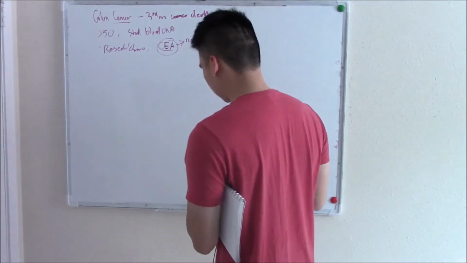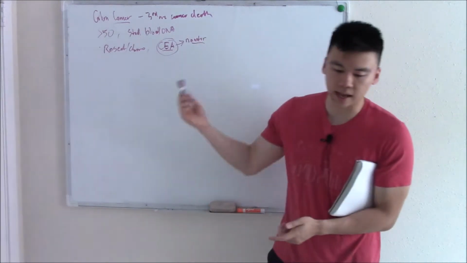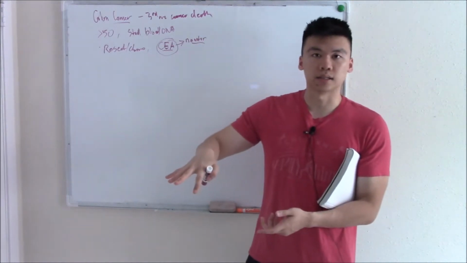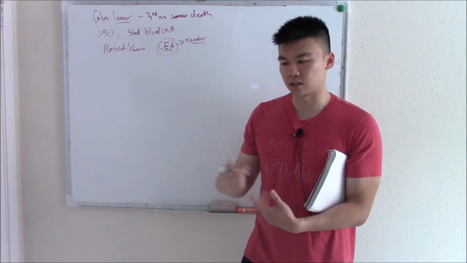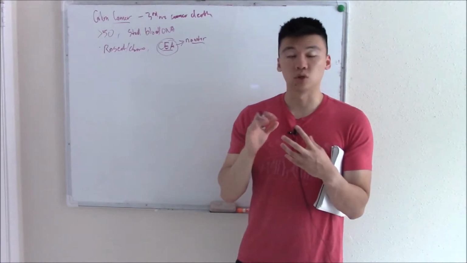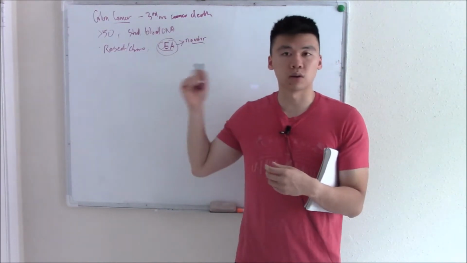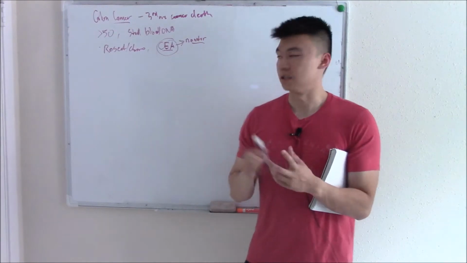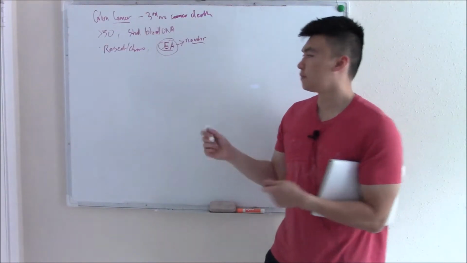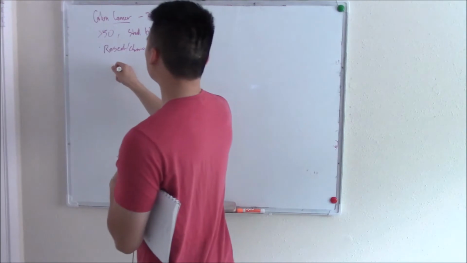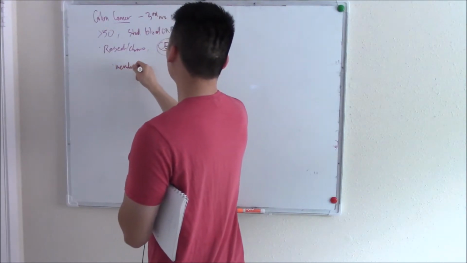Now CEA, as good as it is to monitor colon cancer, can also deposit in your kidneys and cause nephropathy. Do you remember what nephropathy is associated with cancer? It's a very common one. That'd be membranous nephropathy.